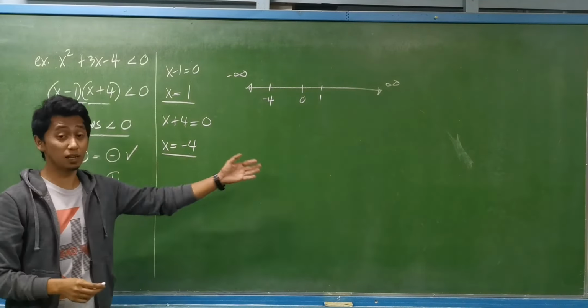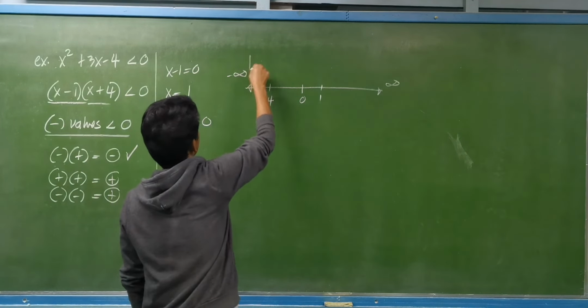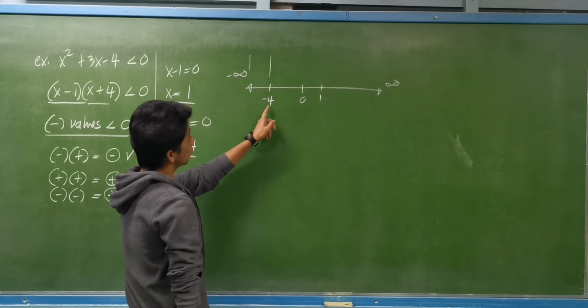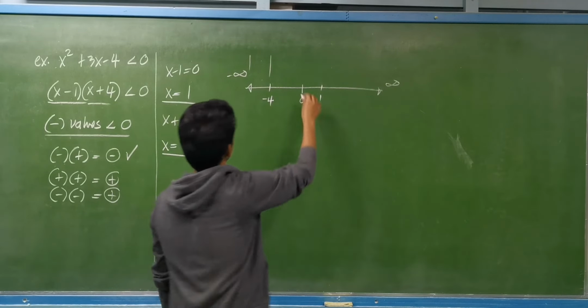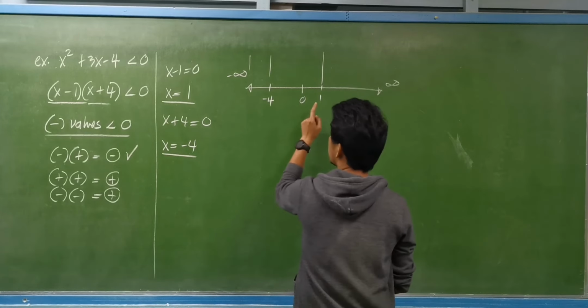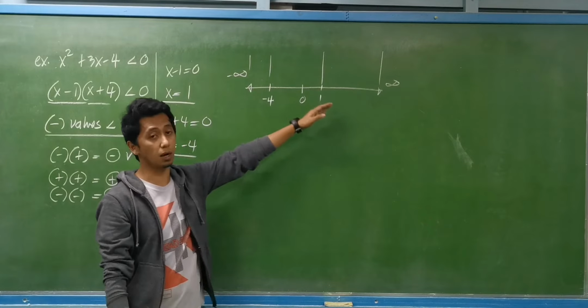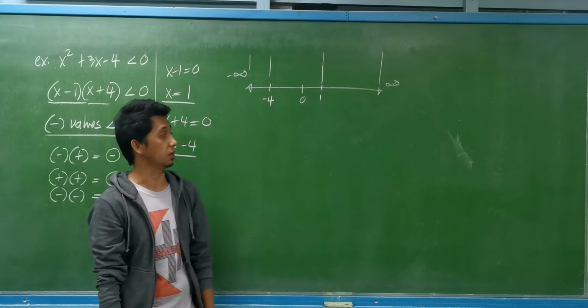So we'll again have 3 intervals. The first interval is from negative infinity up to negative 4. Then the next one is from negative 4 to positive 1. And last is from positive 1 to positive infinity.